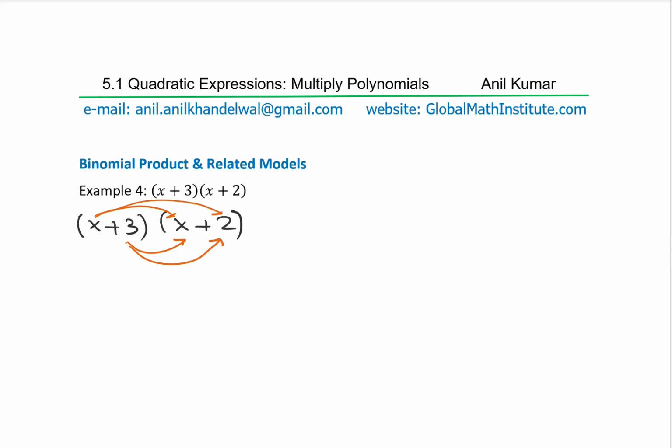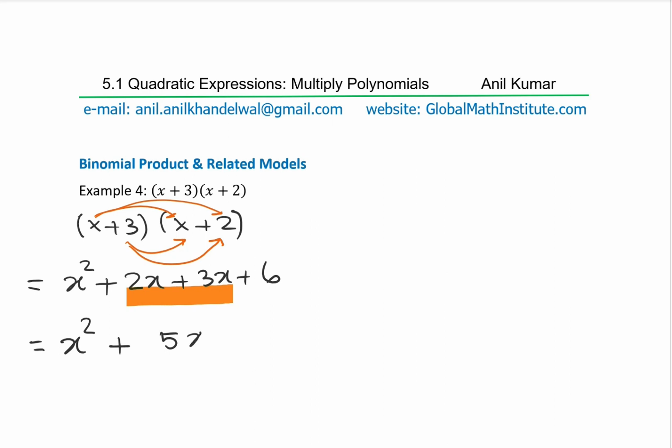With the result, we are going to get x times x as x squared plus 2x, and then with 3 when you multiply, you get 3x plus 6. Now, whenever you do so, you will actually get some common terms which can be added together. So what we get here is x squared plus 5x plus 6.